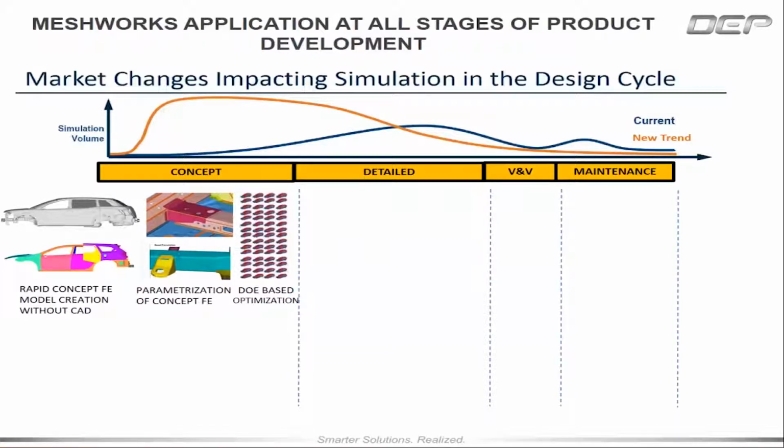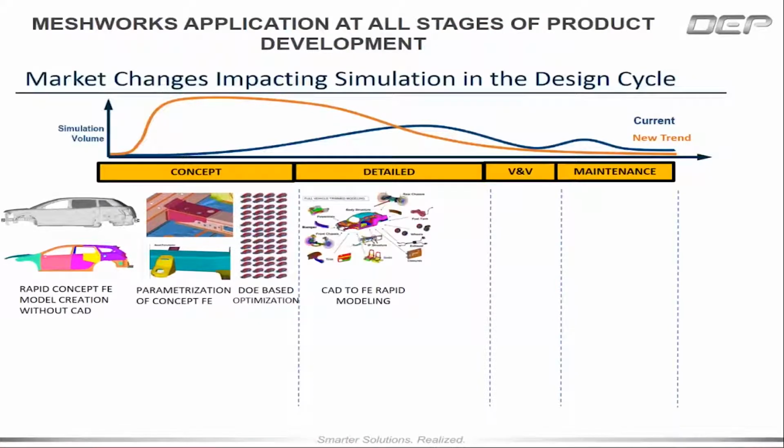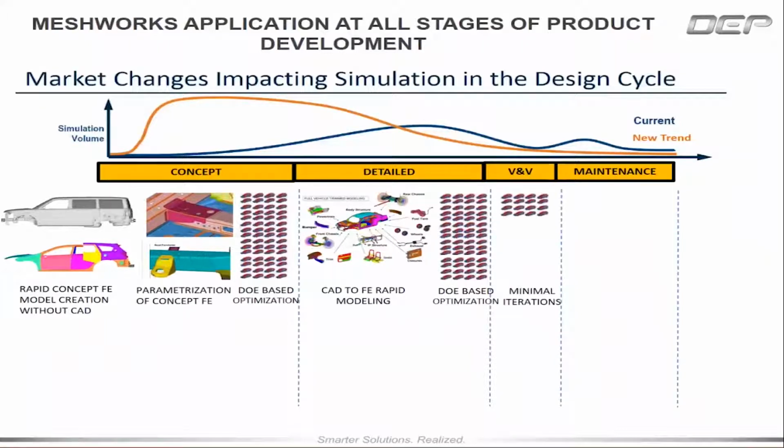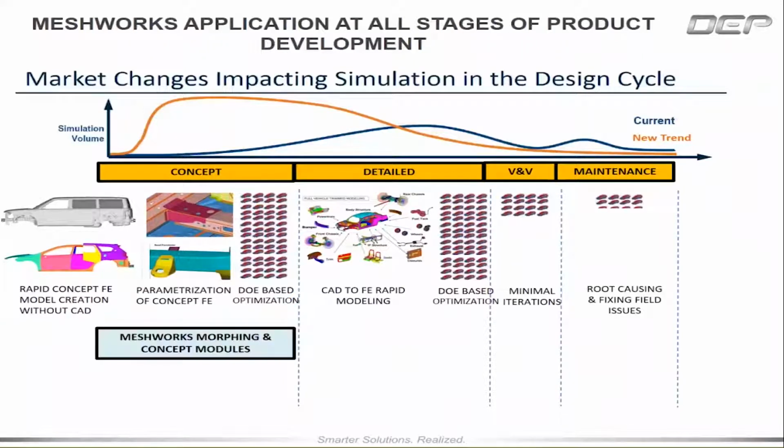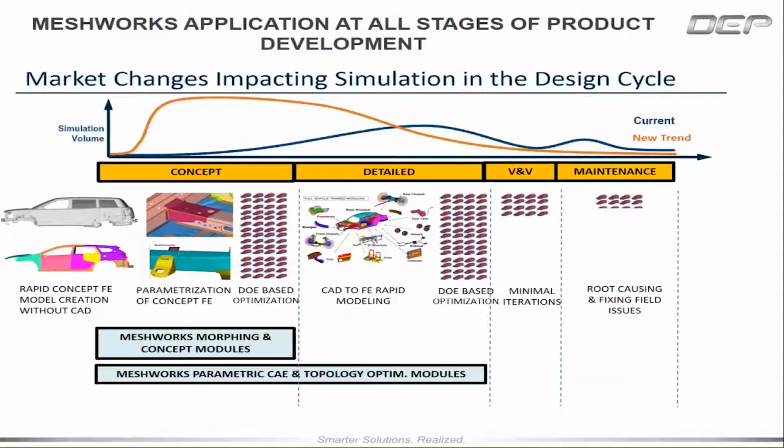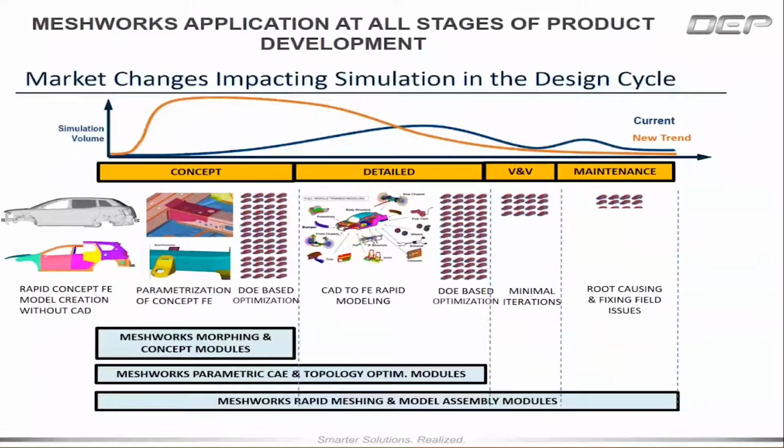From the get-go itself, we can perform all the CAE performance assessments. And by the end of your conceptual phase, you will pretty much have a 90% frozen design. Thereby, your detailed evaluation and validation phases will be much easier, and we may not have repetitive iterations of interacting with the CAD team and again coming back to FEA, that kind of back-to-back process gets completely eliminated by using MeshWorks.